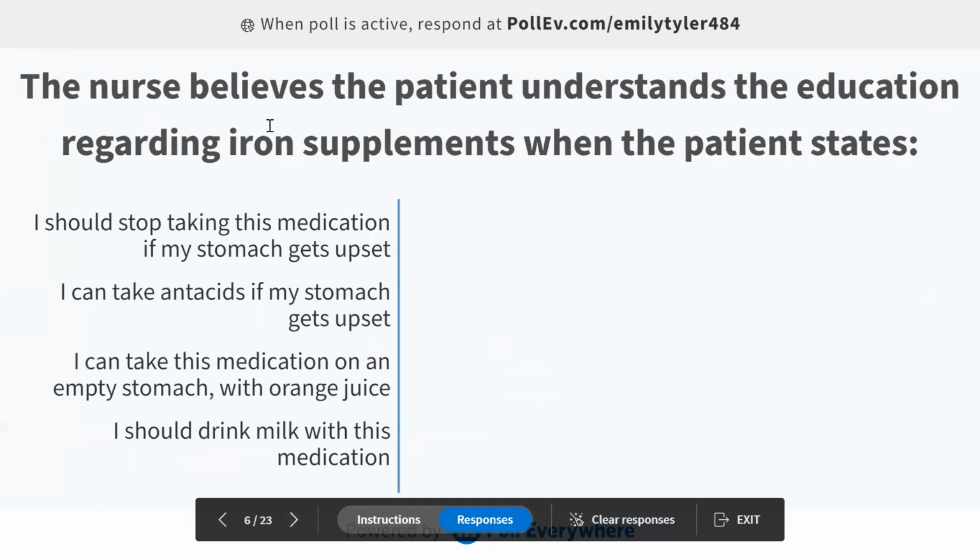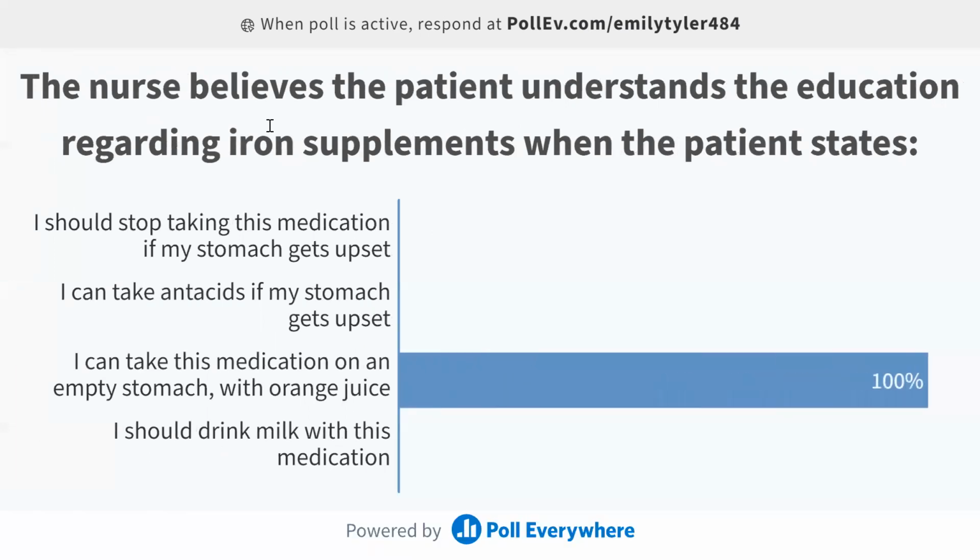You believe the patient understands the education regarding iron supplements when they state what? What does orange juice do with iron? Helps us absorb it. So taking iron with orange juice is a good thing. It'll actually help with absorption.